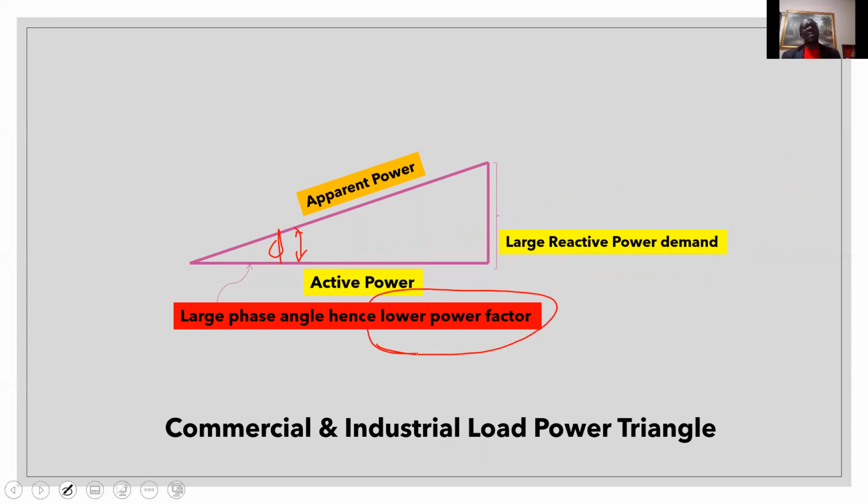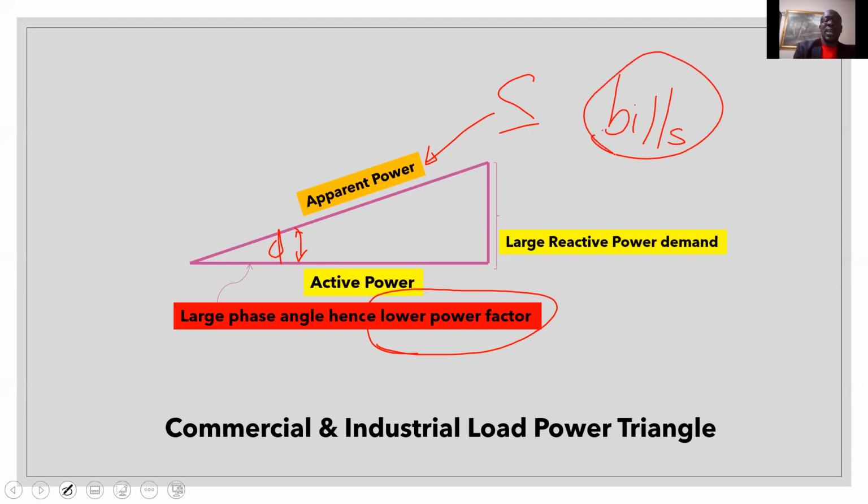Now, why is all this important? Why is power factor important? The thing is that especially for industrial and commercial customers, the utility company uses the apparent power to calculate bills. So they are not looking at P, they are looking at S. So for the commercial customer, it is in his interest that he operates with a higher power factor.